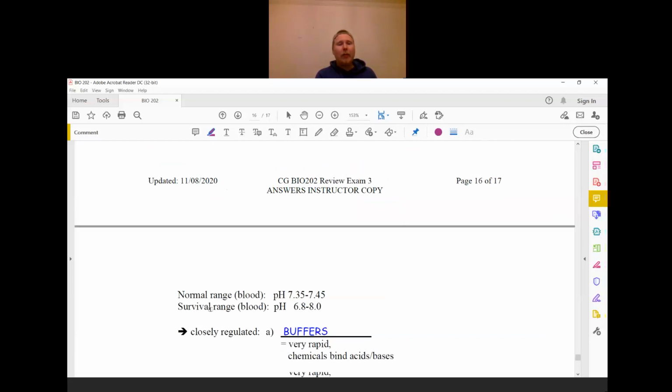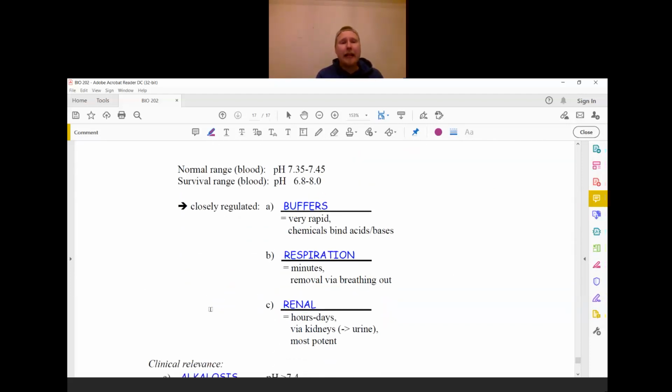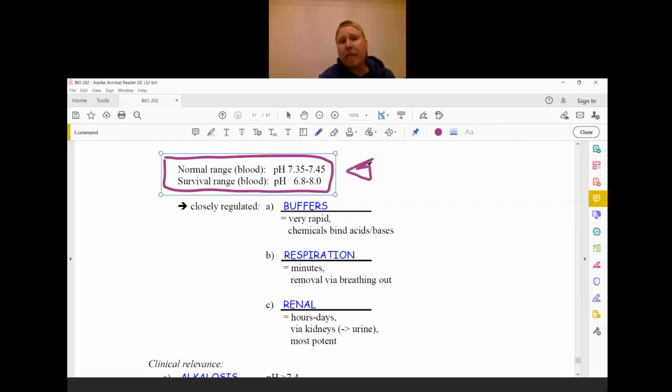And what we end up finding is that the body maintains, for example, the blood pH within a very narrow range between 7.35 and 7.45. So there's very little variation in our body pH, and it doesn't matter what you eat. If you eat an alkaline diet or whatever, your body pH will remain the same.